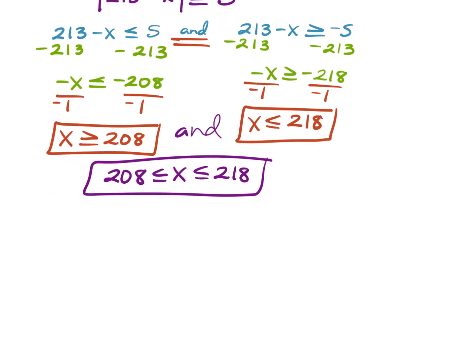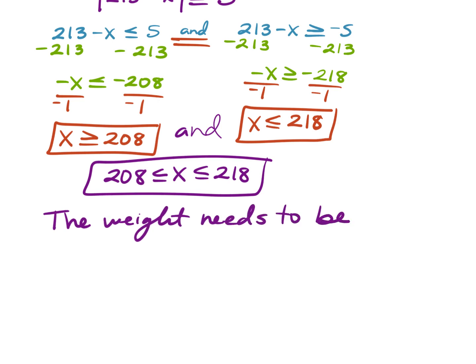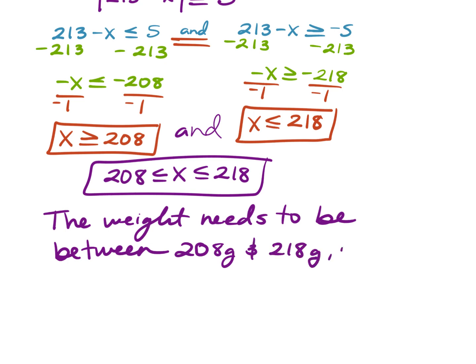The weight of the box has to be, here, we'll just write this out. The weight needs to be, let's see if you know what this means, between 208 grams and 218 grams, and this is a very important word, inclusive.